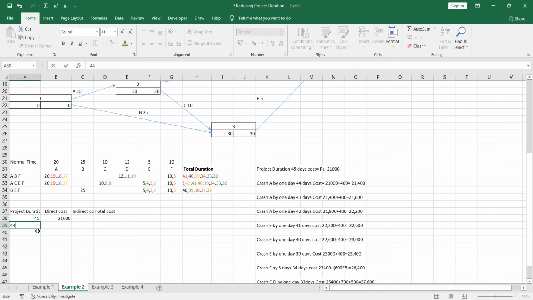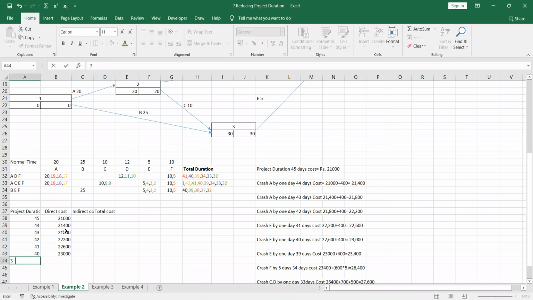For 44, direct cost is 21,400. For 43, what is the cost? 21,800. For 42, what is the cost? 22,200. For 41, it is 22,600. For 40, it is 23,000.